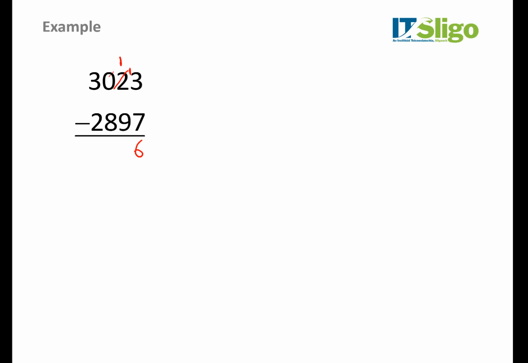Again, I'm going to borrow off of here. So this will go to 9 and he'll go to 2. So now 9 from 11 leaves me with 2. 8 from 9 leaves 1. And 2 from 2 is 0. So I arrive at my 126. And again, guys, whichever way you prefer, I'm absolutely fine with that.